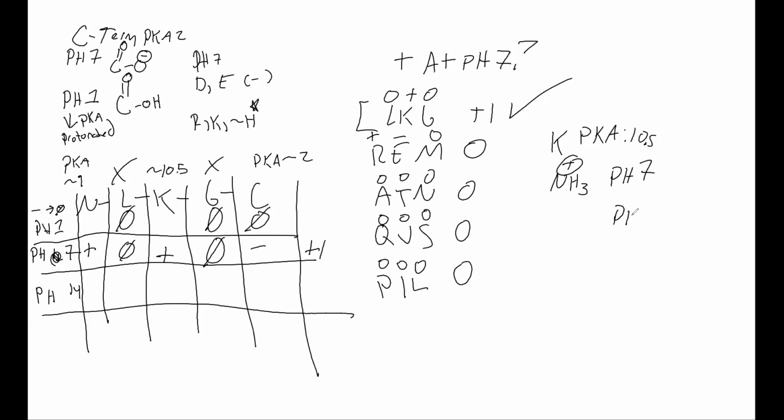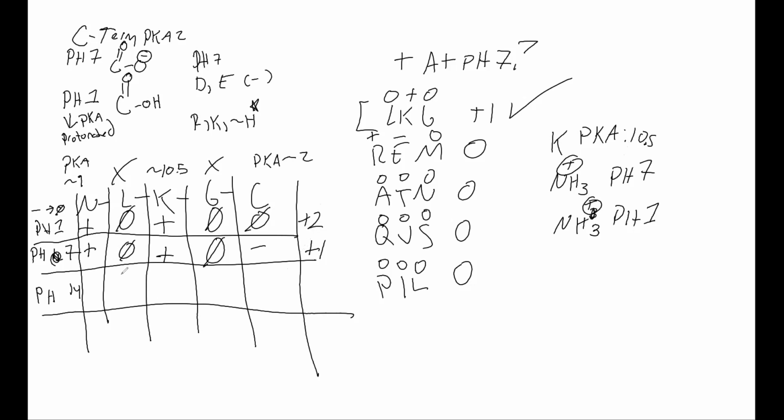So if we go to a pH of 1, we're still below 10.5, so nothing changes. You don't gain another proton. If you're still below the pKa, nothing in your structure changes. So lysine still remains positive. Same thing for the N-terminus. So overall, at a pH of 1, the charge of this peptide is +2.